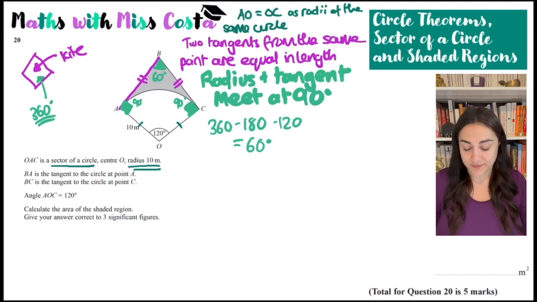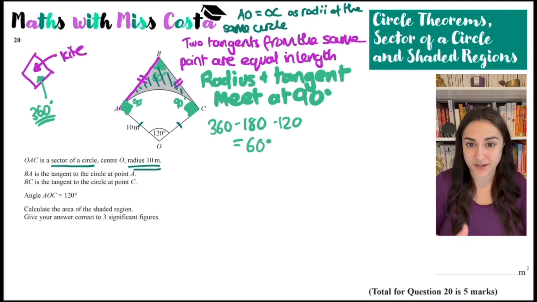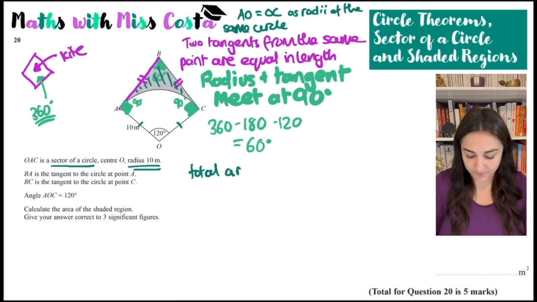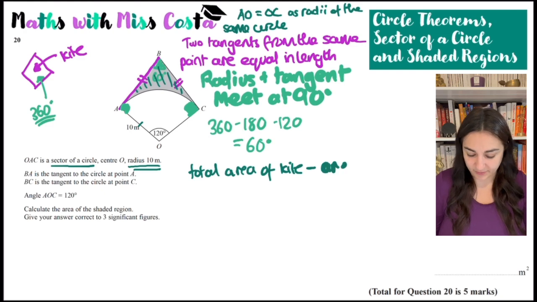Ultimately, I'm trying to figure out the area of this shaded region. So in order to do that, I'm going to have to work out the total area of the kite, and subtract this bit here. That's how we always do shaded regions. We do the total, take away the little bit of the area that you know. So take away the area of the sector.